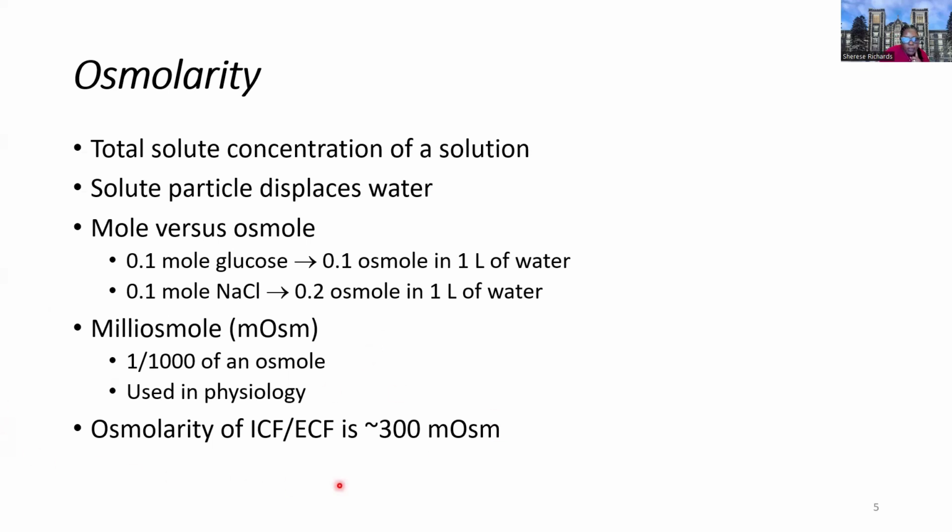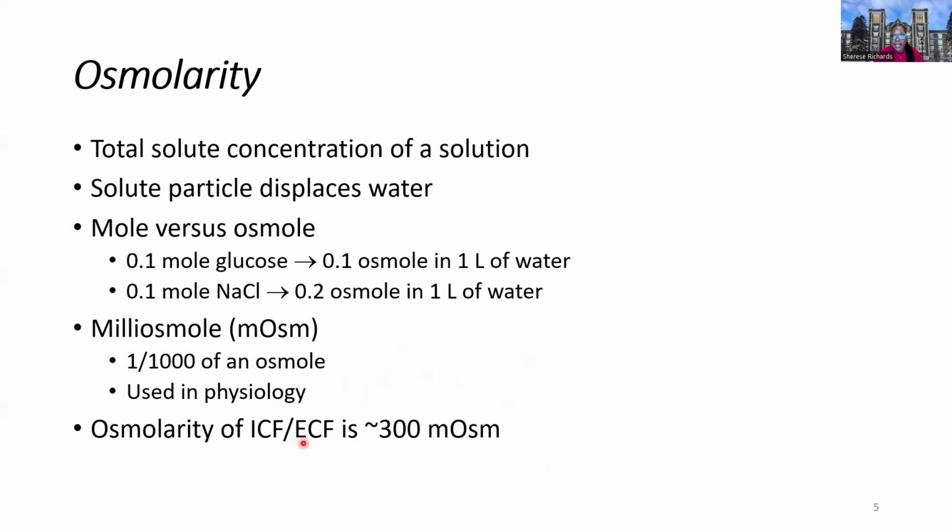And having said that, if we look at our fluid compartments, intracellular, extracellular, the osmolarity is 300 milliosmoles, which tells us that there are 3 in 1,000, right, particles dissolved in our fluid compartments, right? So very minute amount of solutes or particles dissolved in our extracellular fluid, intracellular fluid, plasma, etc. Okay, and so this is the number that we want to strive to be at as we think about things like homeostasis.